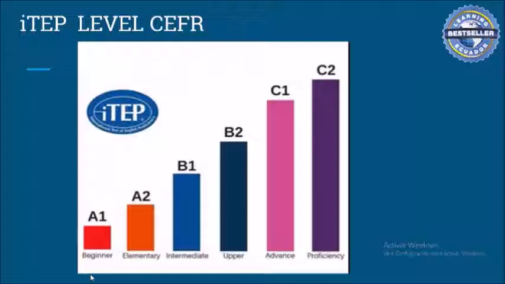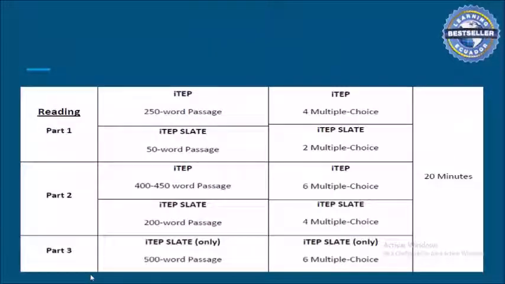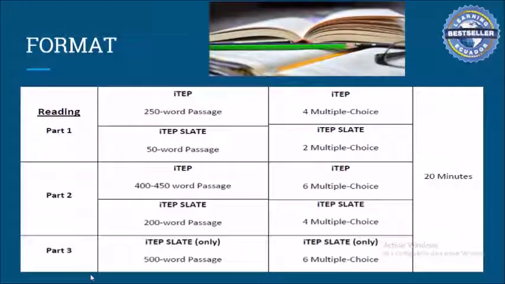Okay, now let's go on, and we're going to take a look at the structure of the sections. We're going to begin with the reading section. The reading section is divided in 2 parts. It takes 20 minutes. In part 1, you will find a 250-word passage followed by 4 multiple choice questions.